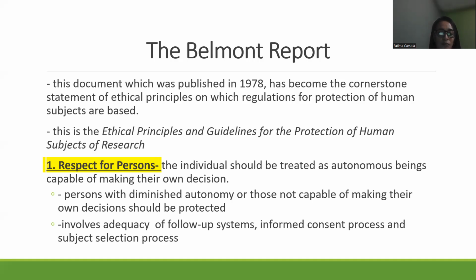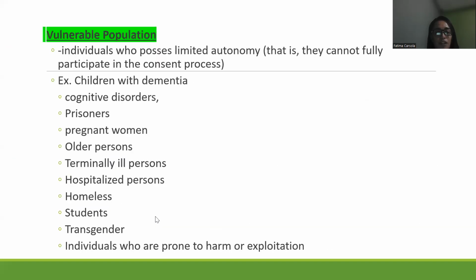Persons with diminished autonomy are sometimes regarded as members of the vulnerable population. The vulnerable population in qualitative research are the individuals who possess limited autonomy, that is, they could not fully participate in the consent process.